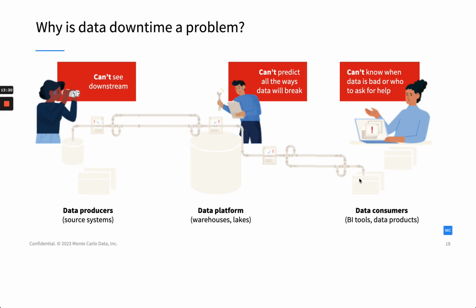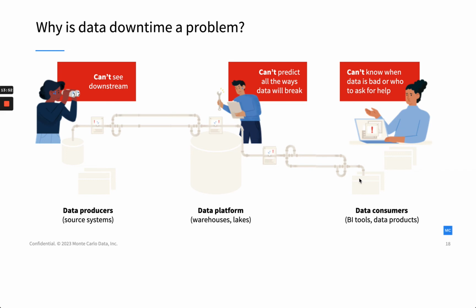And data consumers, finally, may not know the provenance or potential hazards in their data, and they don't know who to ask when something goes wrong. And so this creates a very real, cyclical problem. Unless we're looking at it in a more holistic and automated and scalable and iterable way, there's really no way that we can solve this problem.